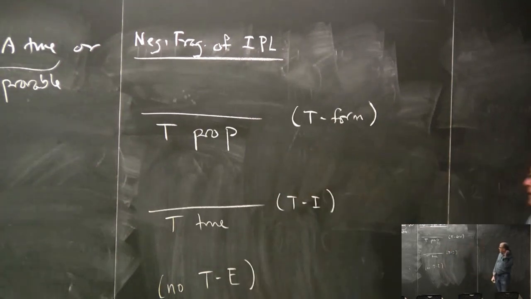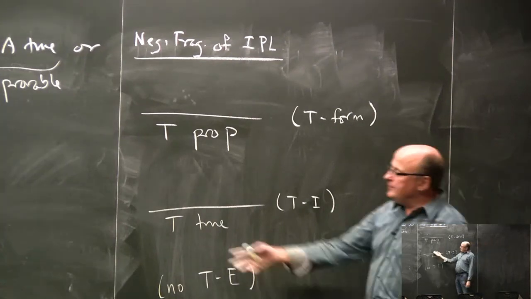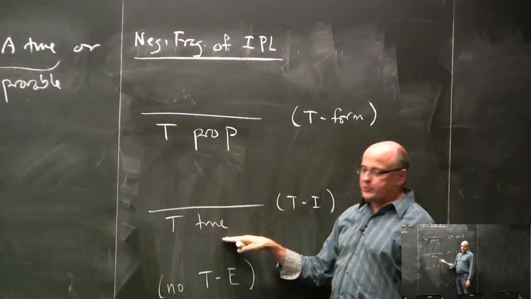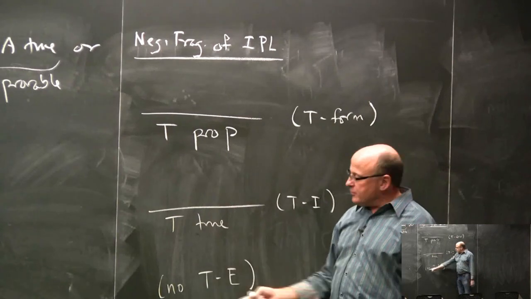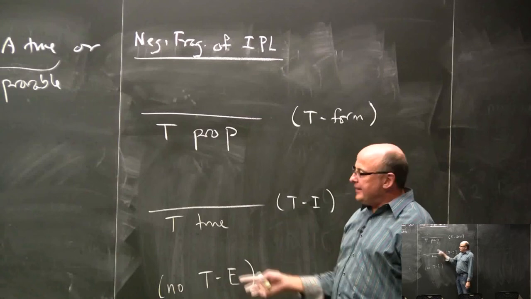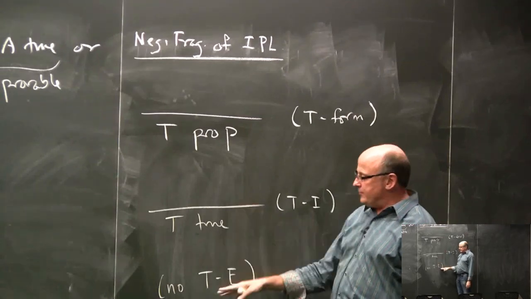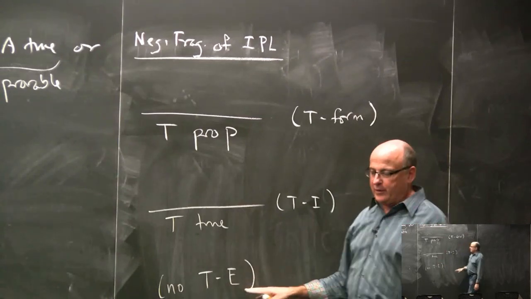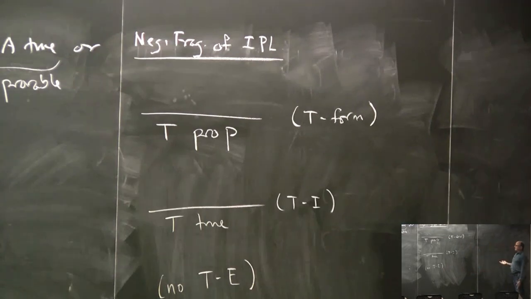Remember that elimination is supposed to extract that which you put in. So nothing whatsoever went into the fact that truth is true. It's just trivially true, so of course you can't get anything back out of it. It's the principle of conservation of proof. If you didn't put any information into it, you certainly can't get any information out of it. So that's the first thing we write down.